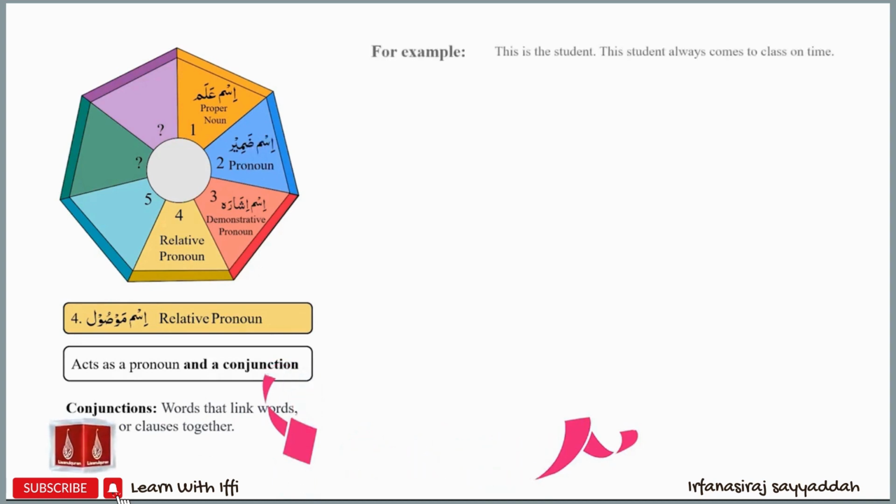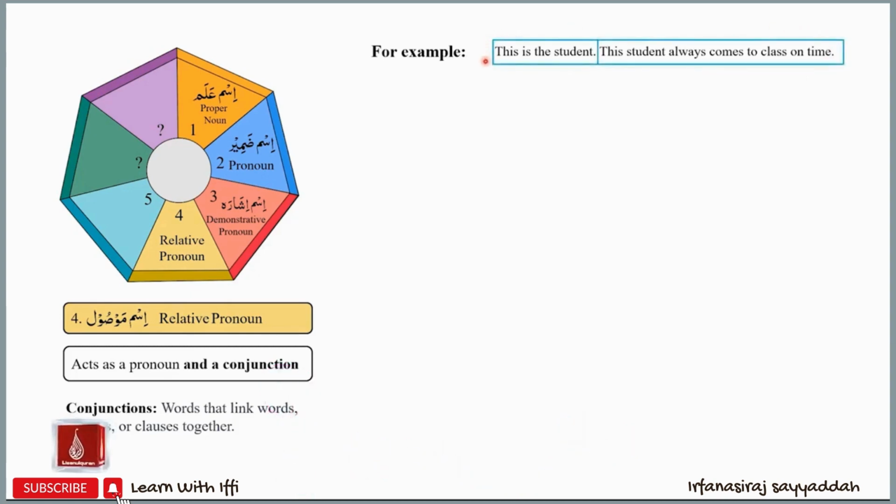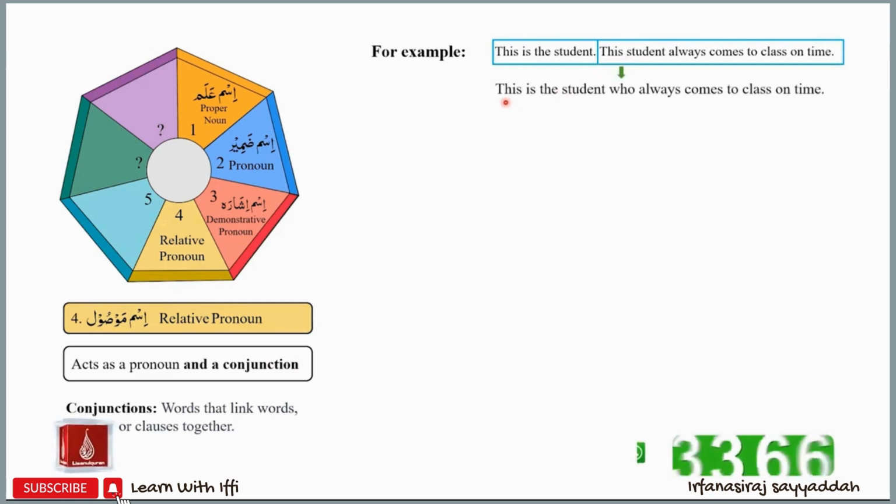Here we have two statements. This is the student. The student always comes to class on time. We will try to use a relative pronoun and see if we can join these two statements together. A better way of stating these two will be to say, this is the student who always comes to class on time.